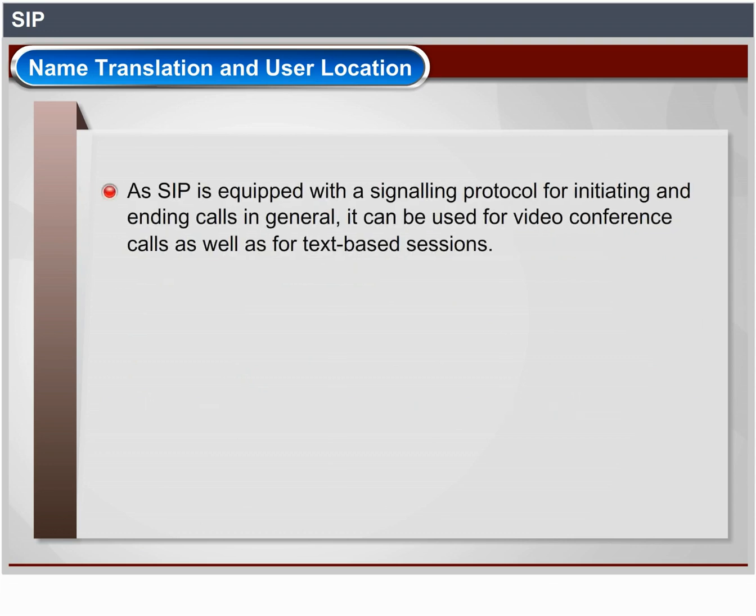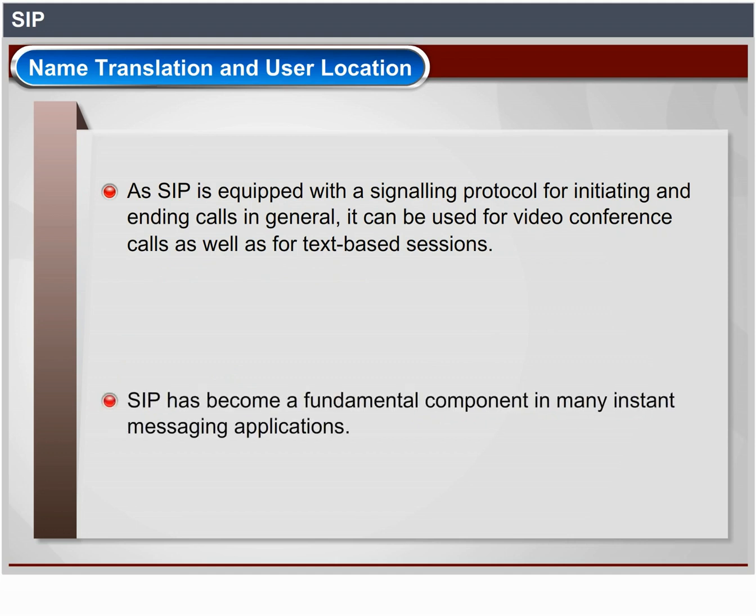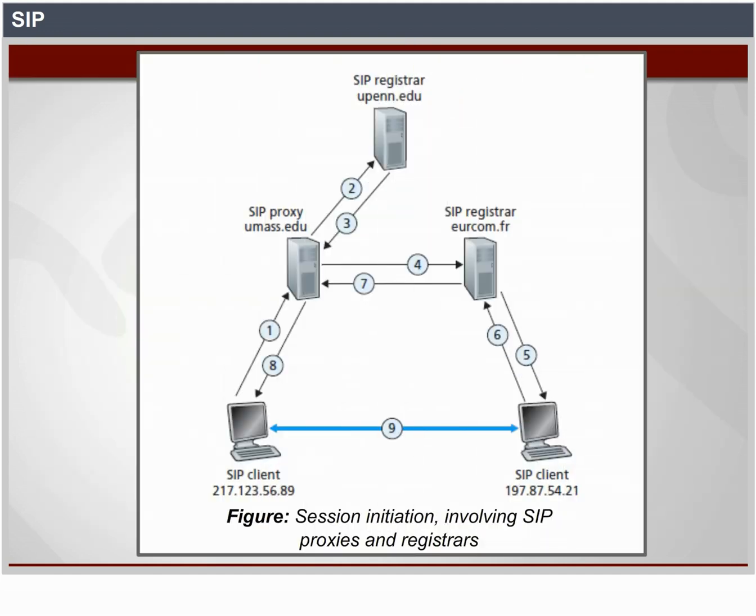SIP, being a signaling protocol for initiating and ending calls in general, can be used for video conference calls as well as for text-based sessions. SIP has become a fundamental component in many instant messaging applications. Figure: session initiation involving SIP proxies and registrars.